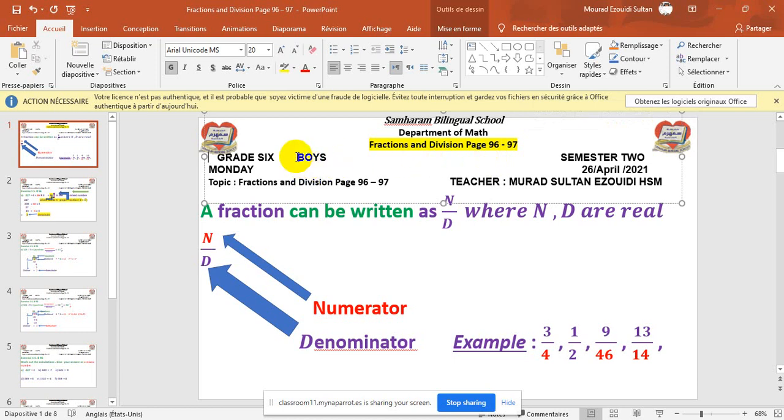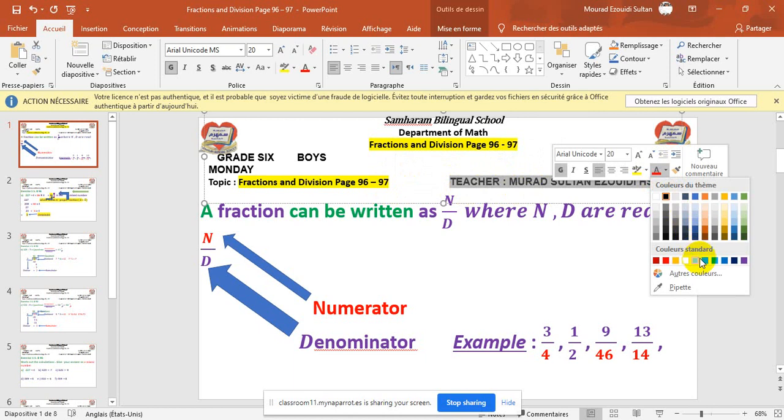Grade 6, boys, semester 2, Monday, 26th April 2021. Topics: fraction and division, page 96 and 97. Your math teacher is Murad Sultan. Clear? Now we start.